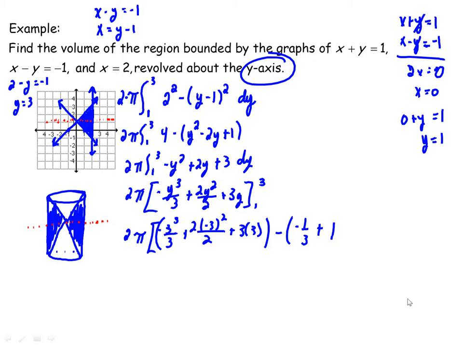All right, so if we put all that into our calculator, we get 32π/3.